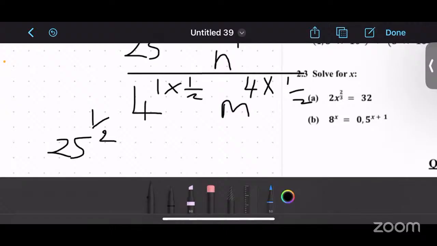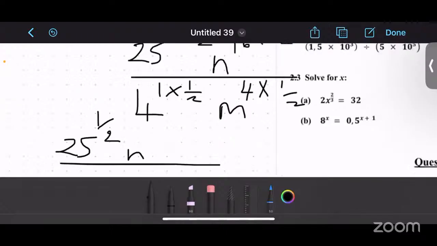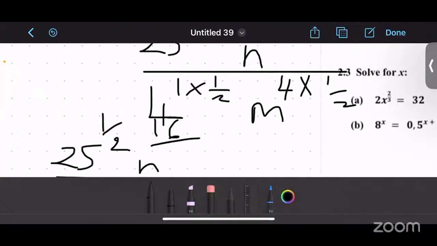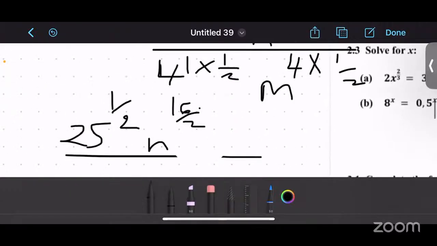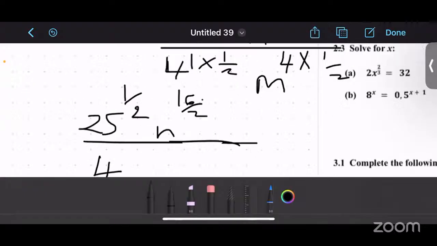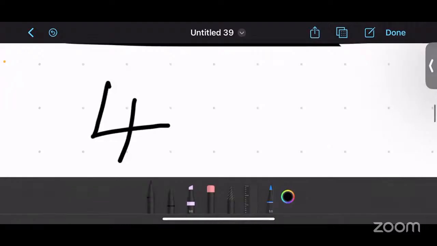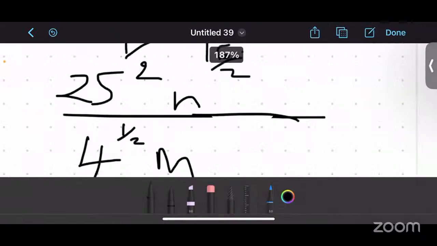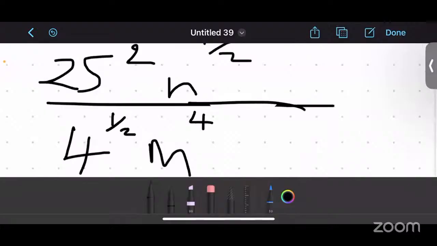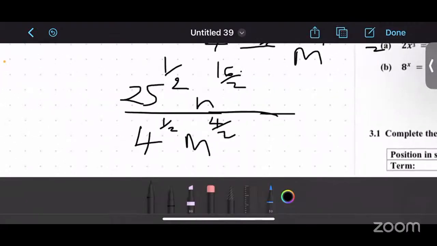Then n to the power of 16 over 2, and then I have 4 to the power of 1 over 2, and then m to the power of 4 over 2, because 4 multiplied by 1 over 2 is 4 over 2. And now I can just simplify.